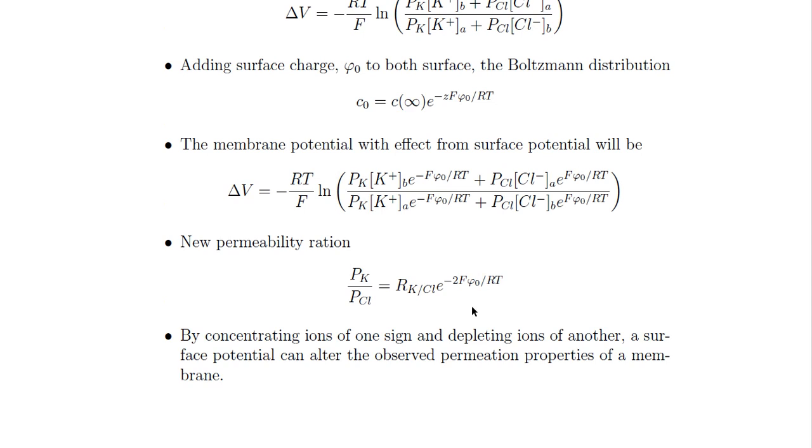Okay, so we can get the new permeability ratio, P_K over P_Cl times exponential of minus 2 F psi_0 over R T. By concentrating ions of one sign and depleting ions of another, a surface potential can alter the observed permeation property of a membrane.